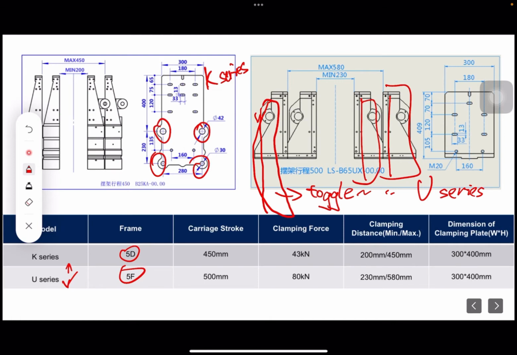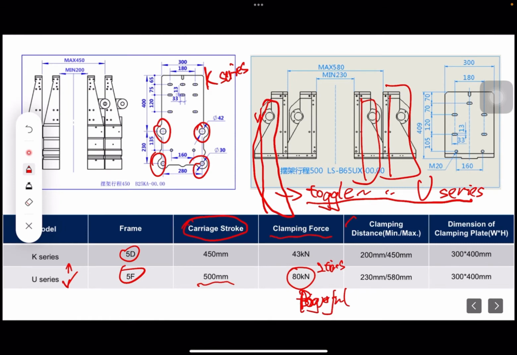And due to the large toggle clamping system and the railway, it has a bigger carriage stroke, and of course, bigger clamping force, almost 2 times. It's much bigger, so more powerful.